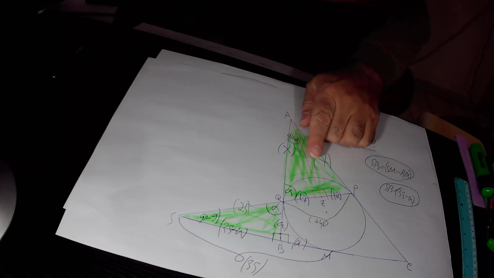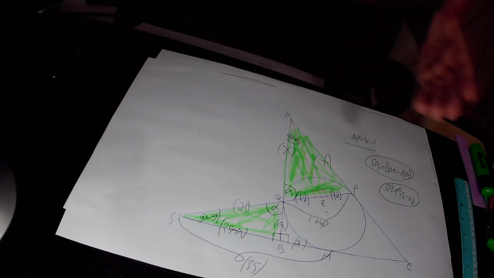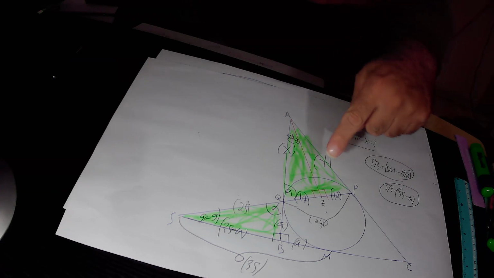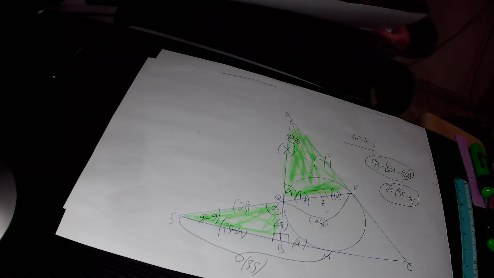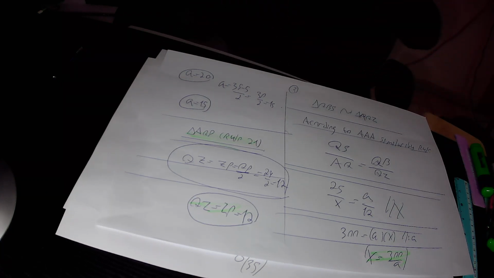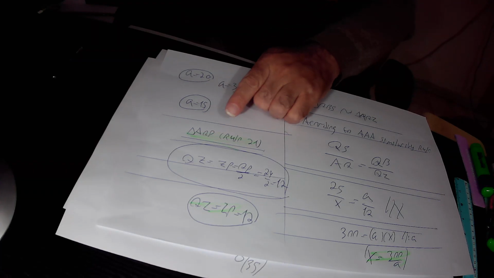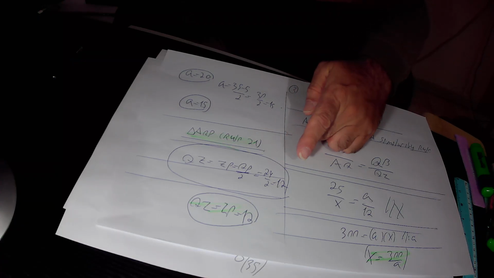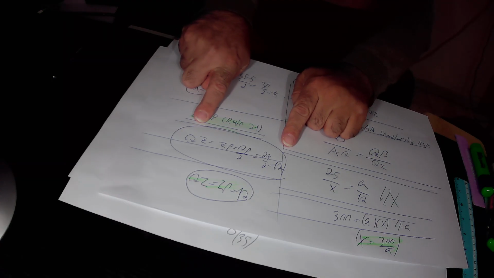So the first half QZ must be equal to the second half ZP, and each half must be equal to QP over 2. QP is 24, 24 over 2 is 12. So from this equation, we derive that QZ equals ZP equals 12.